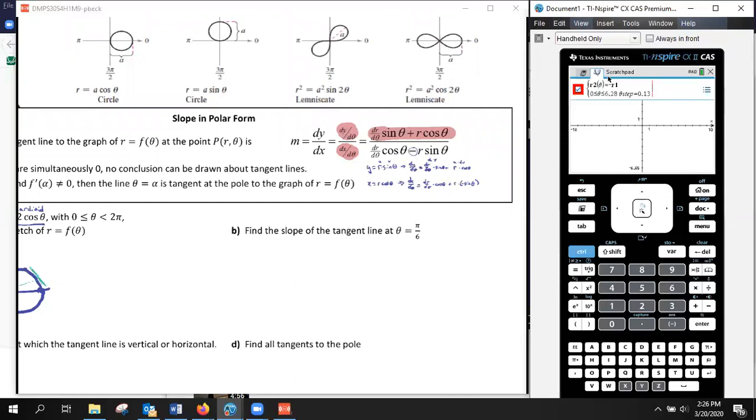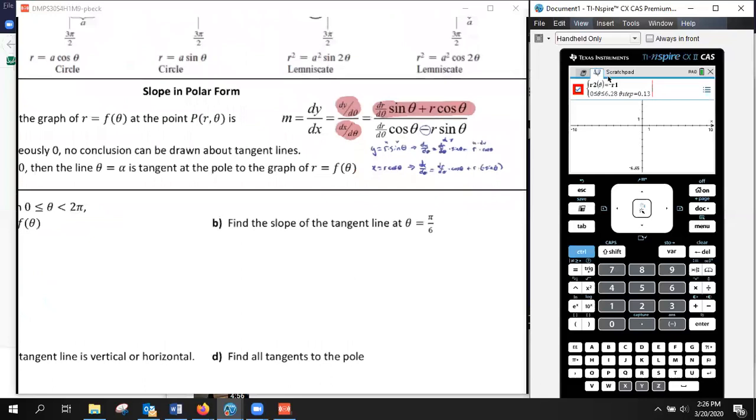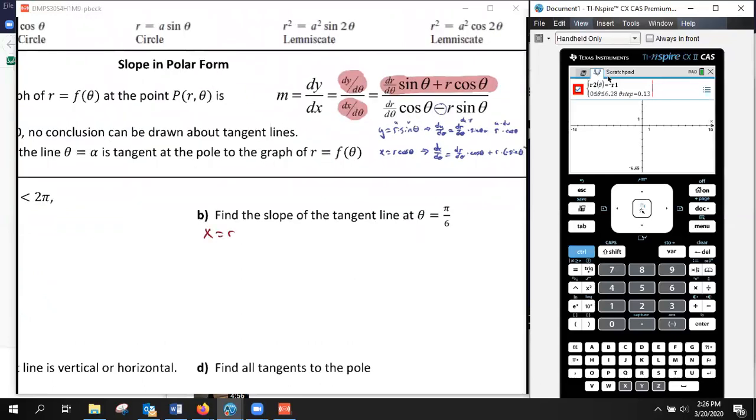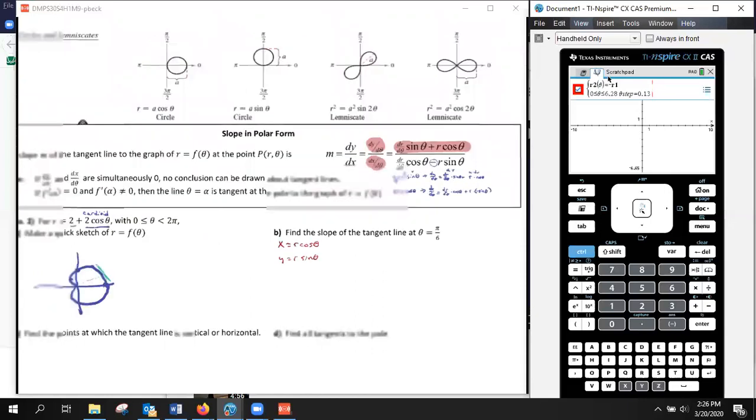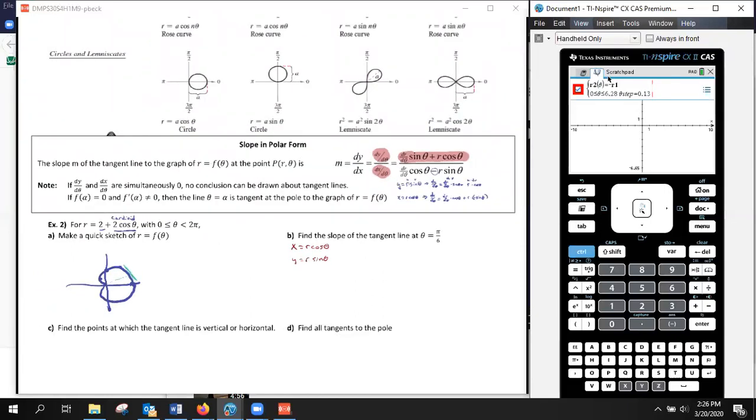Let me not do that color. Let's do something a little bit bolder. So if x equals r cosine of theta and y equals r sine of theta, we know that x at pi over 6 is going to be r, which is 2 plus 2 cosine of theta, times, actually, you know what?